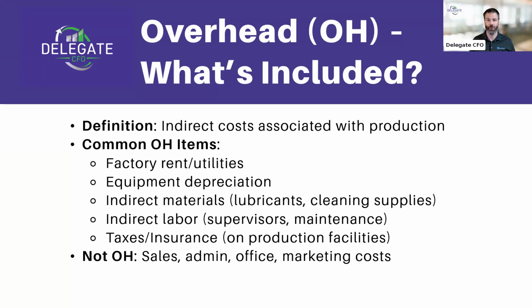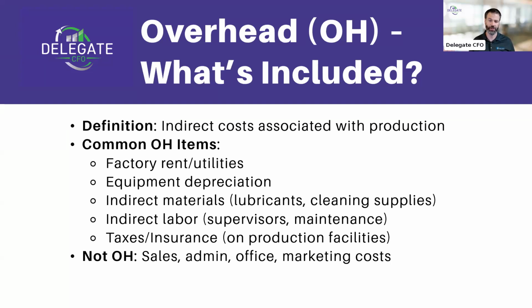But that's what overhead really is: looking at all those costs that are associated with producing the product, but you can't directly say this is exactly to that. Another item is maintenance.